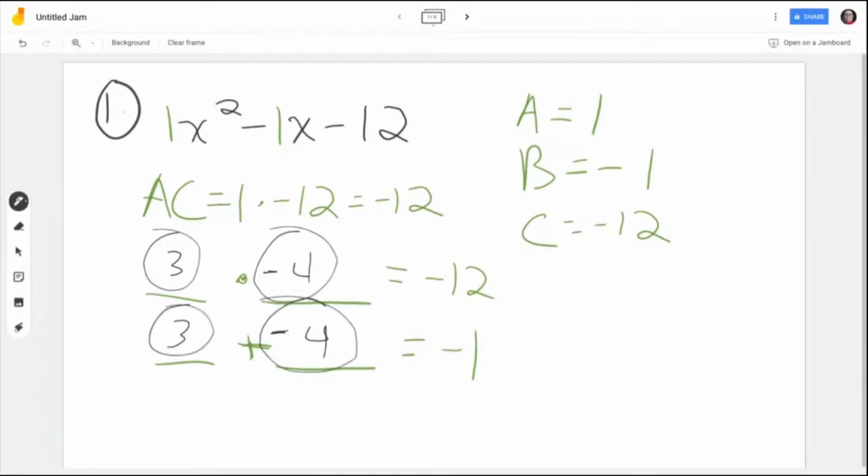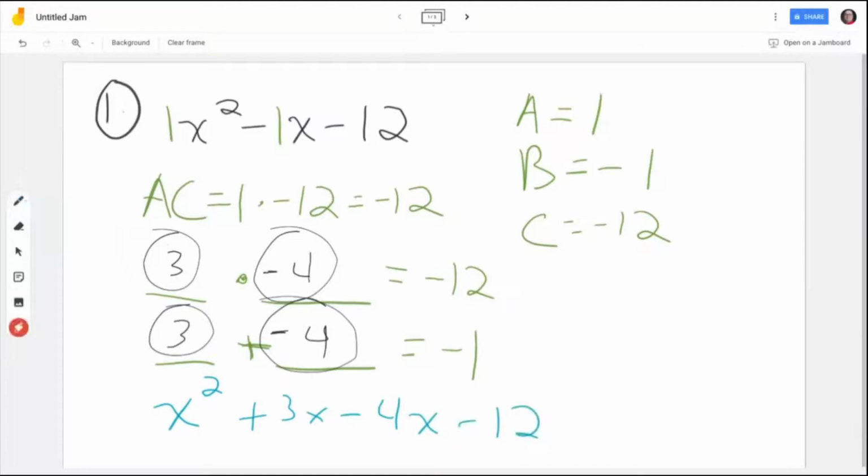So what we're going to do now is rewrite our polynomial, but we're going to break up this term right here utilizing these numbers that we found. So let's try that. We're going to still write the x squared for that first term, but the negative 1x, we're going to write that as plus 3x minus 4x, and then we're going to retain the C term, so negative 12.